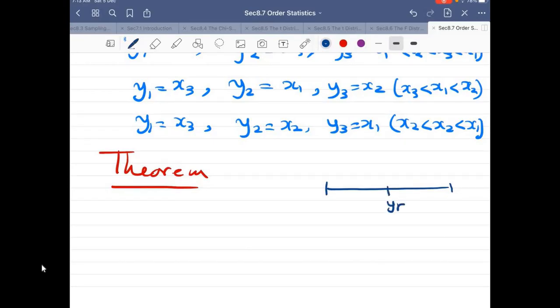Here you have the Y sub r order statistic. Before it will be Y sub r minus 1, and here you have Y1. So the number of variables less than Y sub r is r minus 1. I have Y sub r as 1 variable. Then from Y sub r plus 1 to Y sub n, the largest, I will have n minus r random variables.